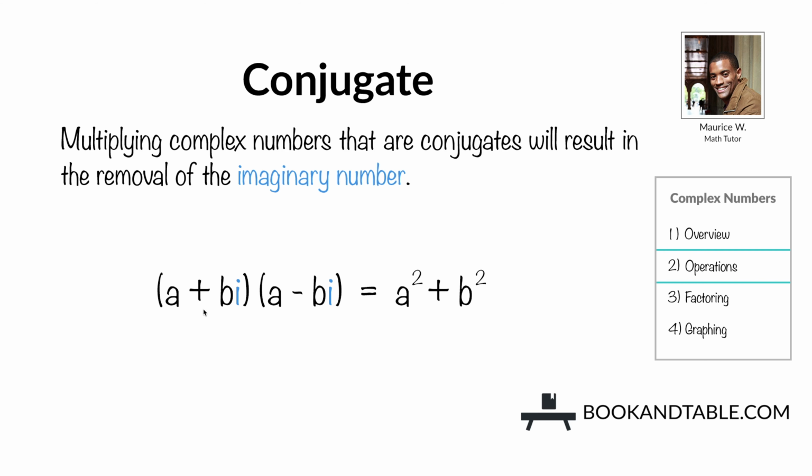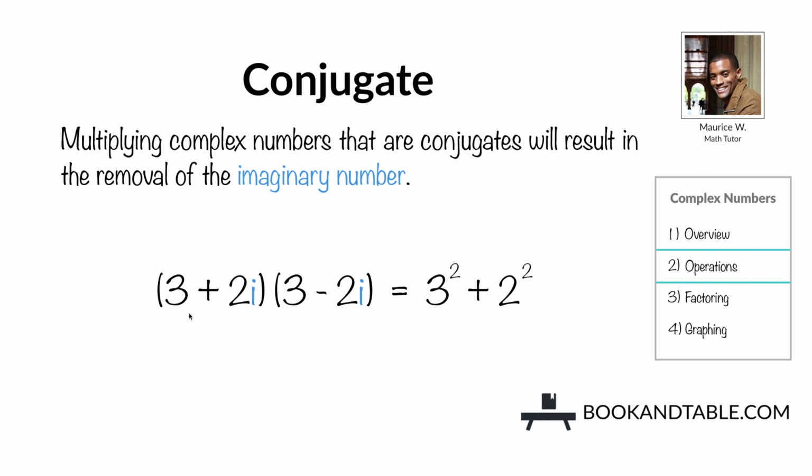So when you multiply a complex number times its conjugate, you are able to remove the imaginary number. And if a squared is a real number and b squared is a real number, such as two integers, we'll be able to combine them to simplify the expression.